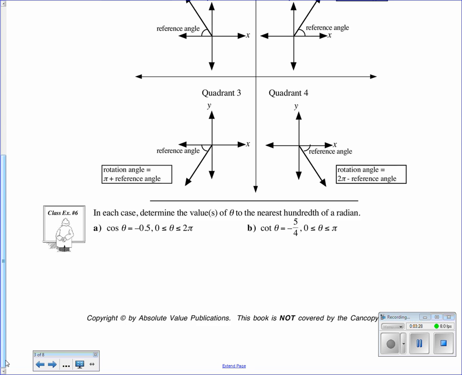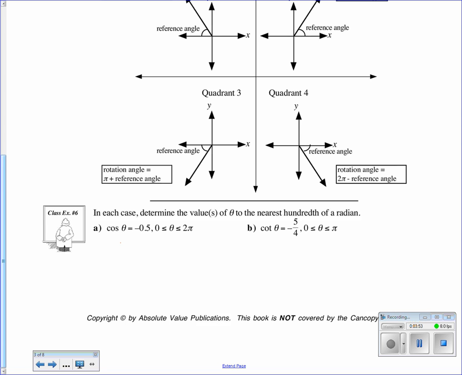So we're going to take a look at the radian question, which is a cosine question. So first change your mode to radians. And then I'm going to go inverse cos of negative 0.5. And I'm going to get a radian answer.